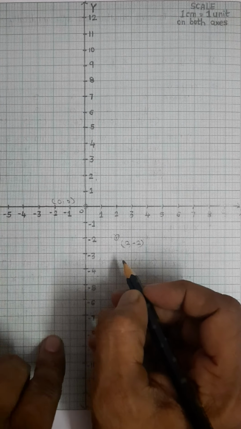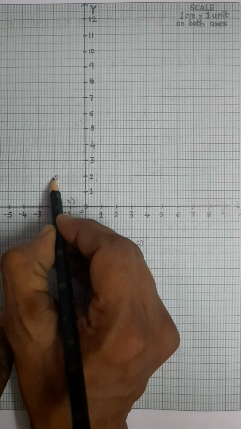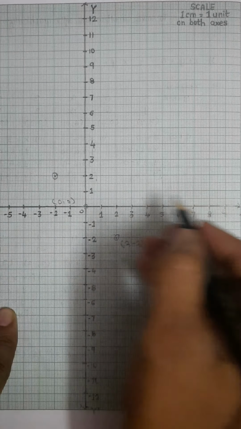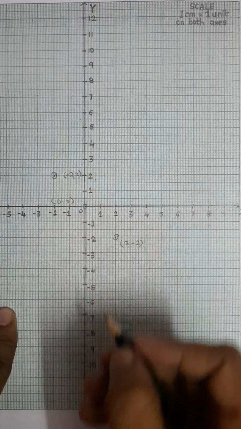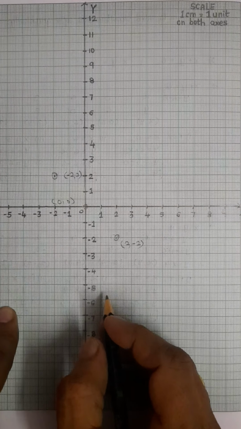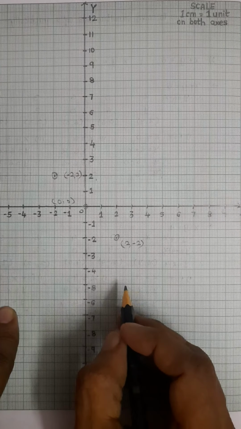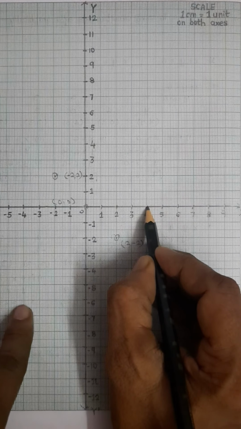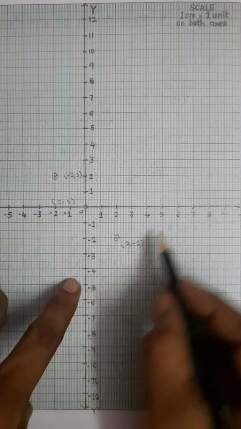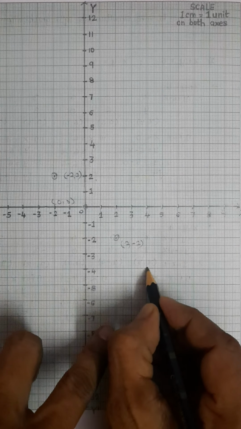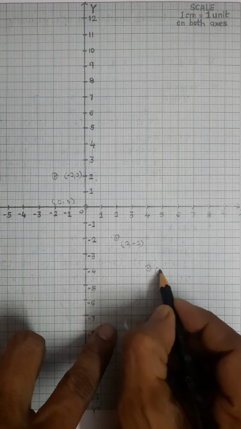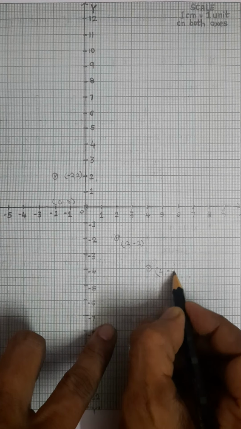On x-axis we have to see this minus 2, on y-axis we have to see the 2. Therefore here we get the point minus 2 and 2. Write down here minus 2 and 2. Let's take the fourth one, that is 4 and minus 4. On x-axis this is 4, on y-axis we have to see this 4. From this here it is 4, and from this minus 4. Therefore we get here point 4 and minus 4.